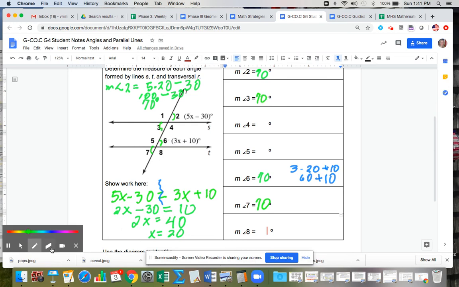So now what I'd like to point out before we go further is these 2 angles here, angle 3 and angle 6, they have a special designation. Angle 3 and angle 6 are called alternate interior angles. And the reason why they're called alternate interior angles, first of all, they're inside the parallel lines.